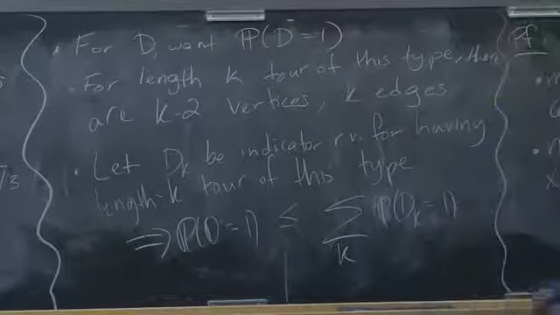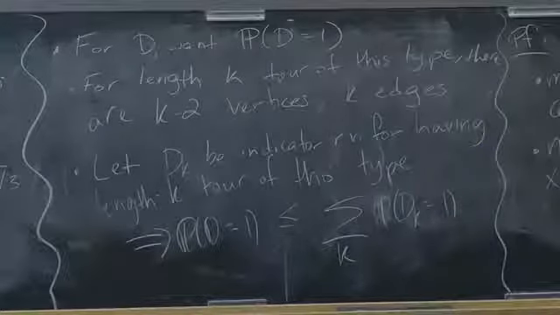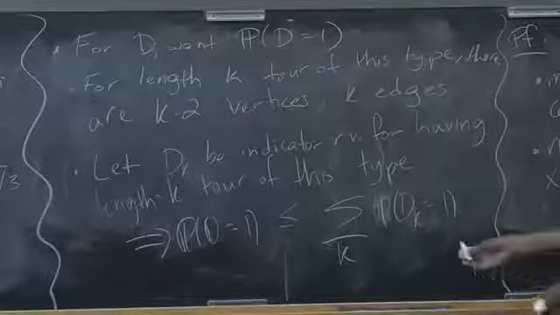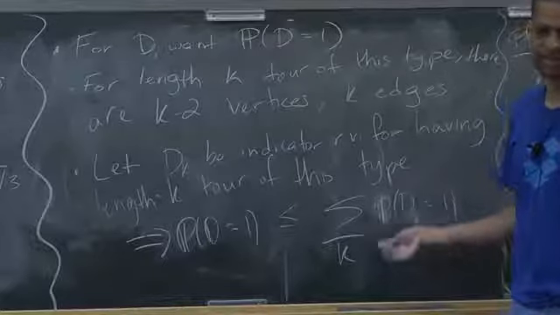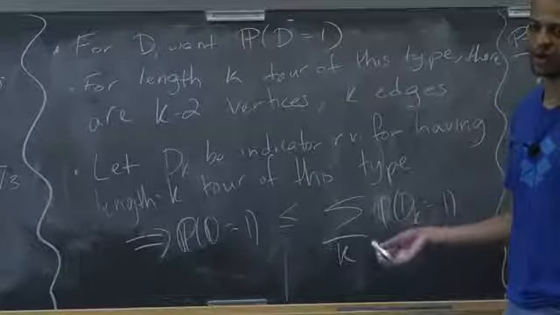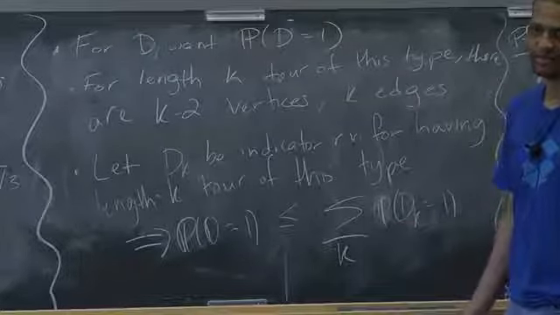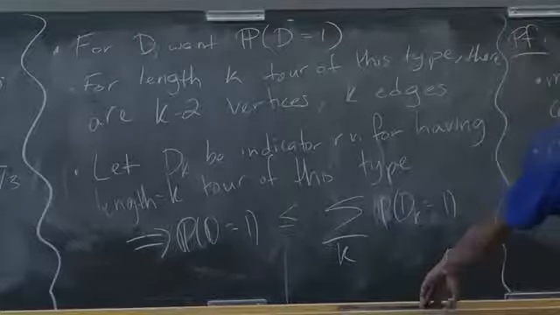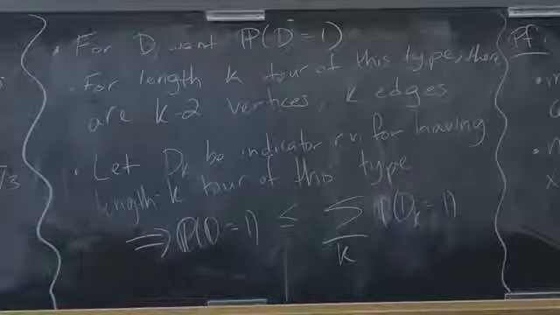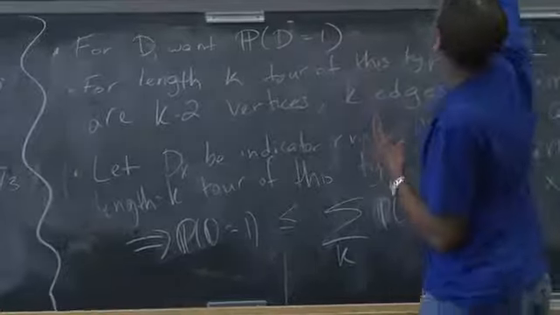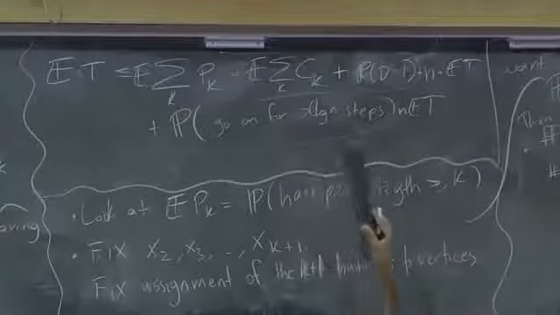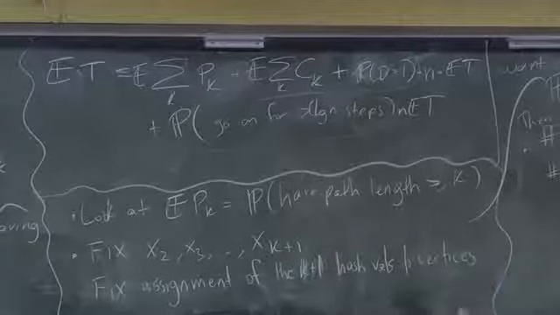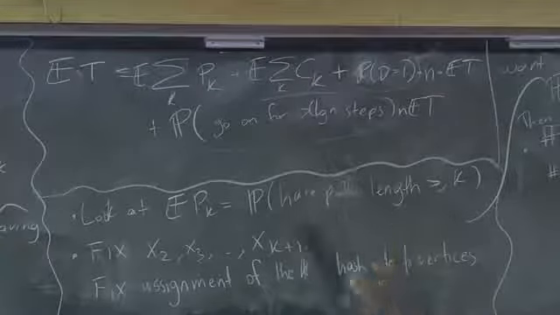This is just a union bound. So our goal is going to be to show that this summation will be some geometric series that is big O of 1 over n squared. And once we get that, then this will be 1 over n times the same thing, so it basically doesn't matter. You can move it to the other side. The same kind of thing will happen here. Okay.